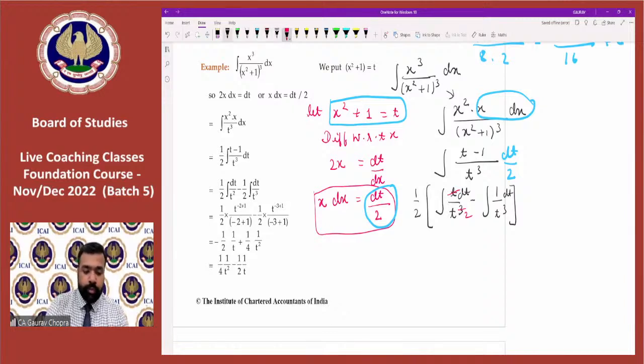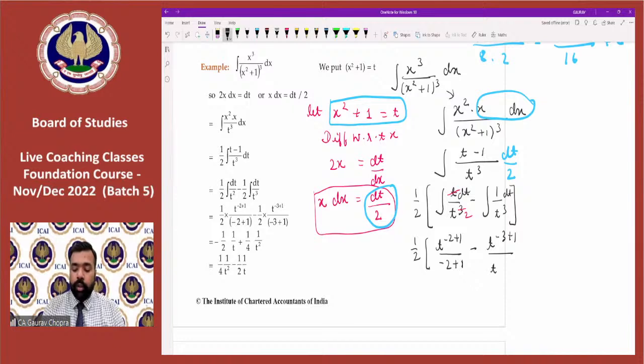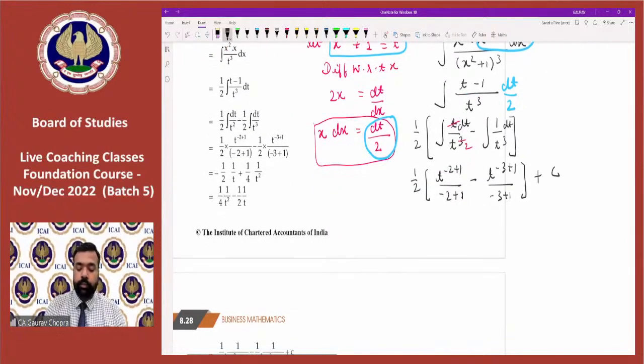So what is left? 1 by 2, then t to the power of minus 2 plus 1 divided by minus 2 plus 1, then minus 1 upon t cube, so t to the power of minus 3 plus 1 upon minus 3 plus 1, and then plus c.